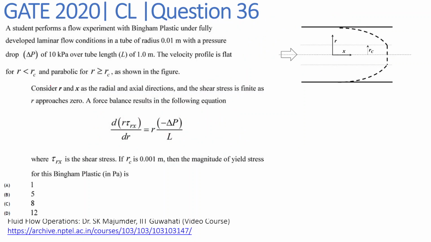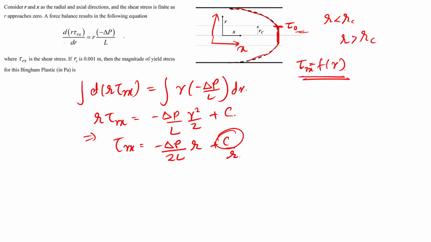In the question, we have been given that the shear stress is finite as R approaches 0. That is, as R tends to 0, tau Rx will become finite. So we can put R equal to 0 in this equation. If you put R equal to 0, this term will become 0, and since this is finite, that implies C must be 0 for this equation.